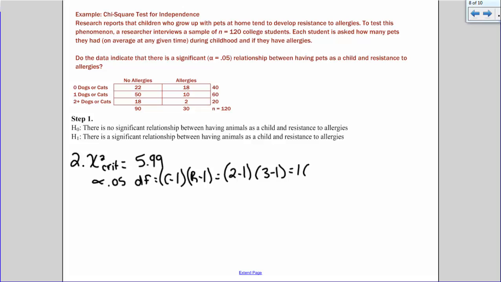This becomes 1 times 2. 2 is our degrees of freedom, and so our chi-square crit is still 5.99. And like I mentioned in the conceptual lecture, we still have our independent variable here and our dependent variable here, right? We think that having allergies depends on whether or not you had pets growing up.